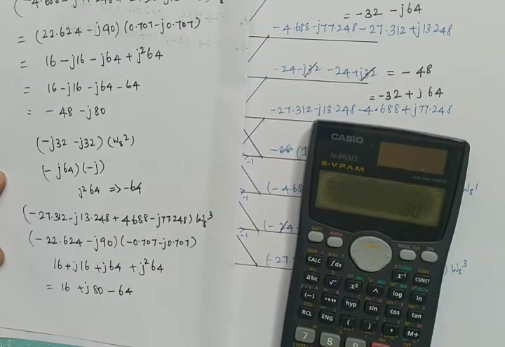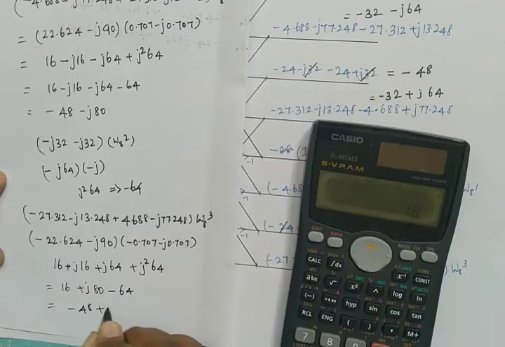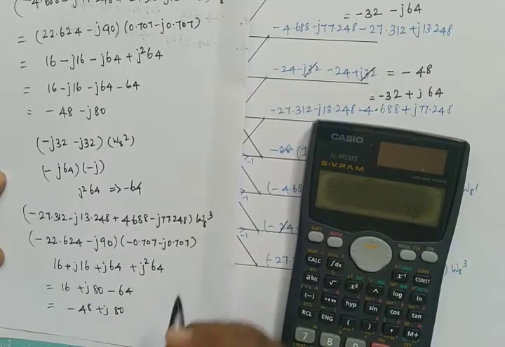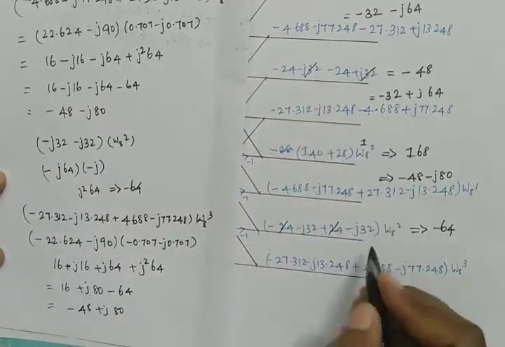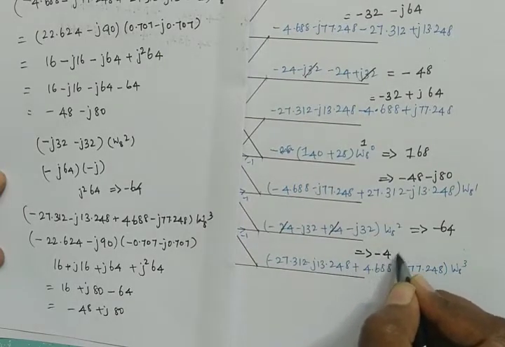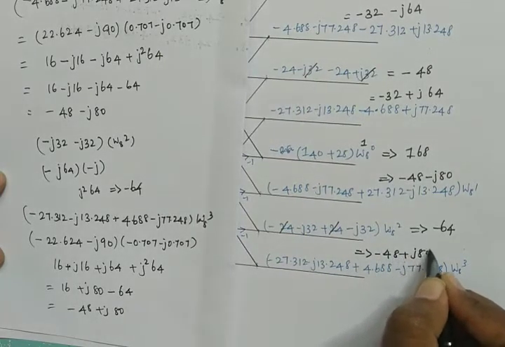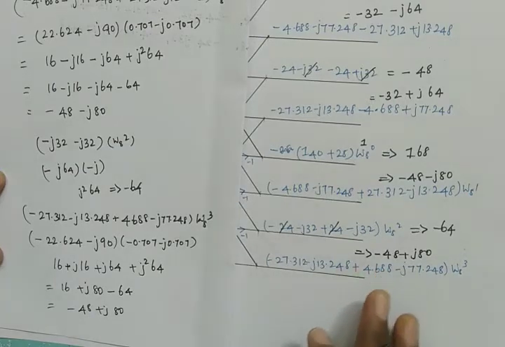So 64 minus 16 will be equal to 48. Therefore it is minus 48 plus j 80. So this is the answer for this final stage. We have found the answer for this step.